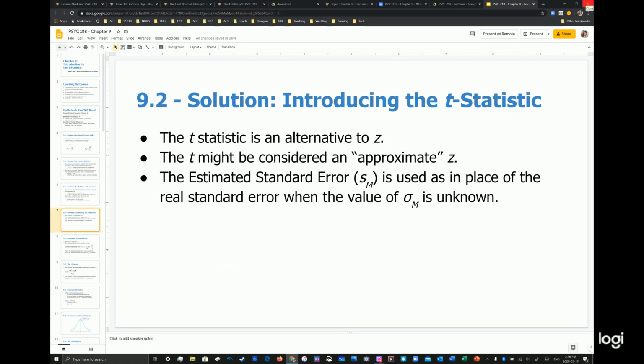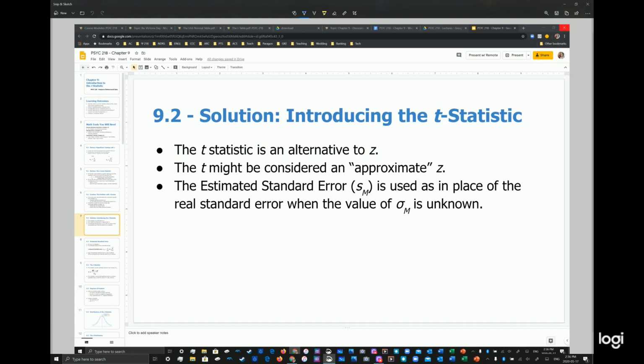So this is our solution in this course. When we don't know parameters like the population standard deviation or even the population mean, we're going to need another distribution to work with, or actually another set of distributions. And you'll see why I'm using this type of language in a minute. So we're using the t-statistic that involves t distributions.